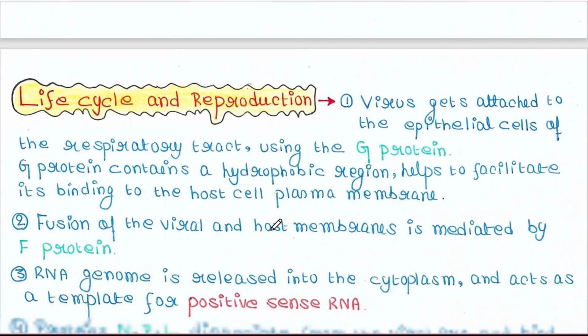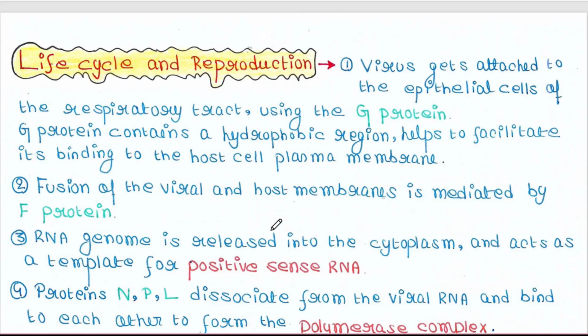Now let's talk about its life cycle and reproduction. The virus gets attached to the epithelial cells of the respiratory tract using the G protein. The epithelial cells of our respiratory tract are the main target of the virus.